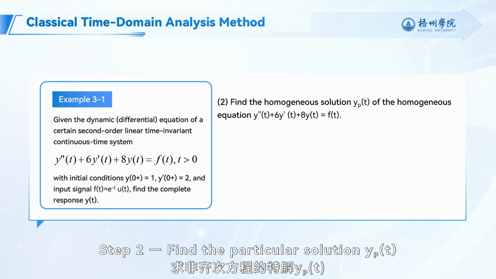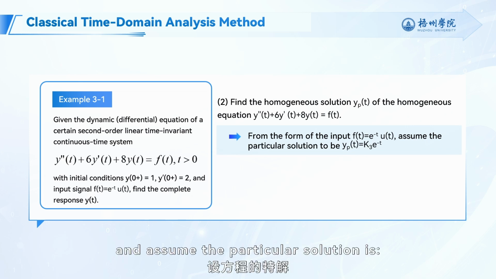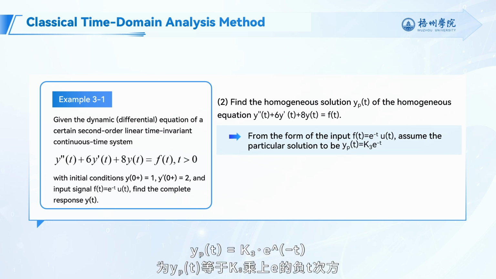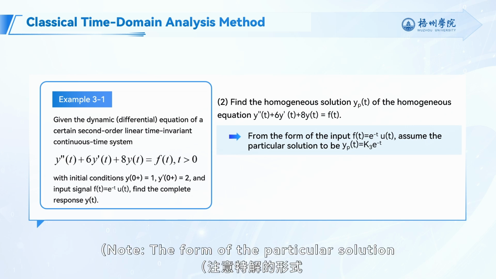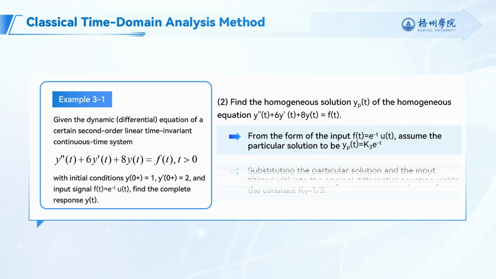Step 2. Find the particular solution y_p(t). From the form of the input signal f(t), we consult the table and assume the particular solution is y_p(t) = k3 e^(-t). Note: the form of the particular solution is generally the same as that of the input signal.